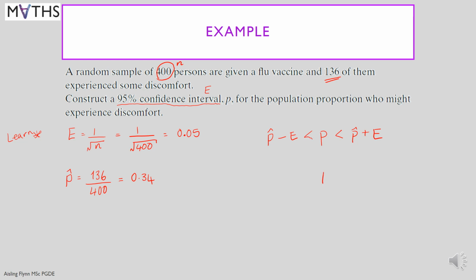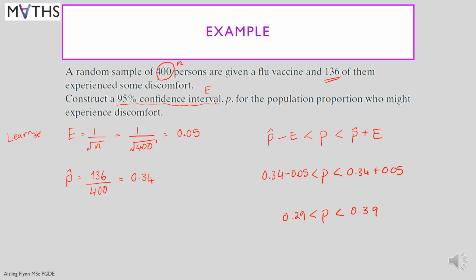So let's fill in our values. We'll have 0.34 minus 0.05 and 0.34 plus 0.05. That will give us a confidence interval of 0.29 and 0.39. Now what does that mean?